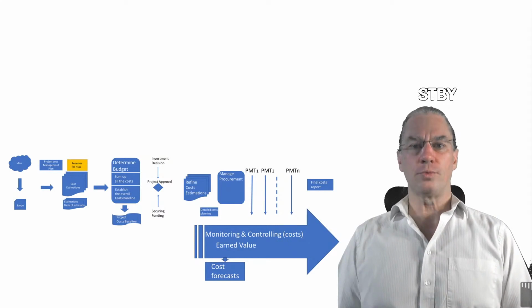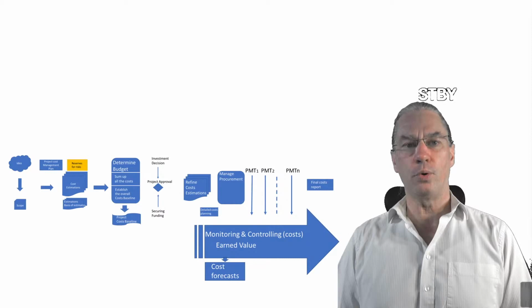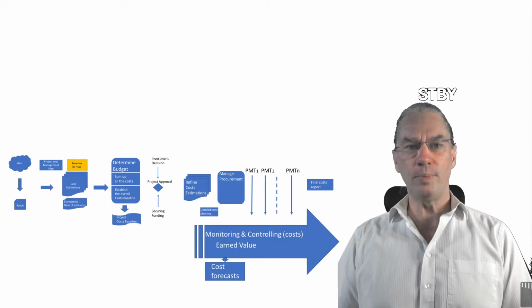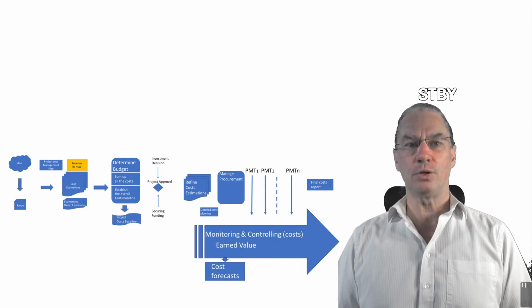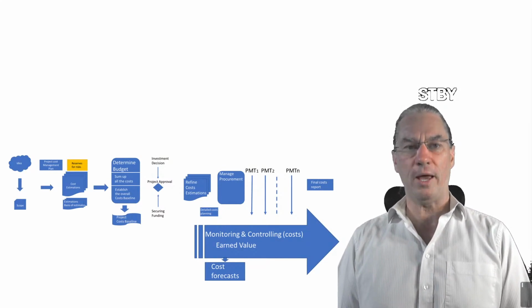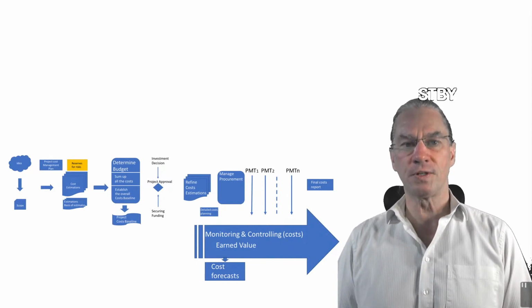Now, when you run a project, of course you regularly have to report on costs. As I've shown on those diagrams, there is a flow with the payments, and what we call cost forecasts.